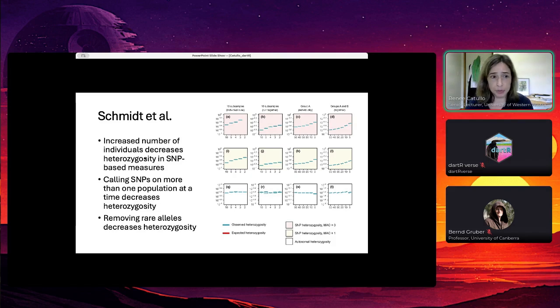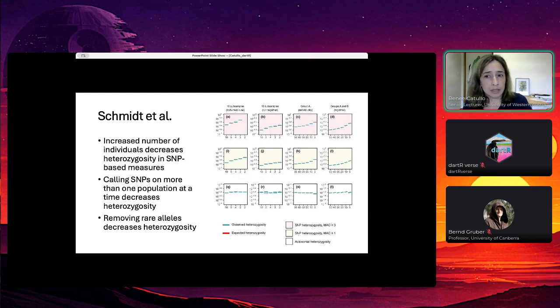So too many individuals reduces your heterozygosity. Calling SNPs on more than one population at a time decreases heterozygosity. Again, we're losing those important within population alleles. And removing rare alleles also decreases heterozygosity, because rare alleles actually carry a lot of the population level heterozygosity.